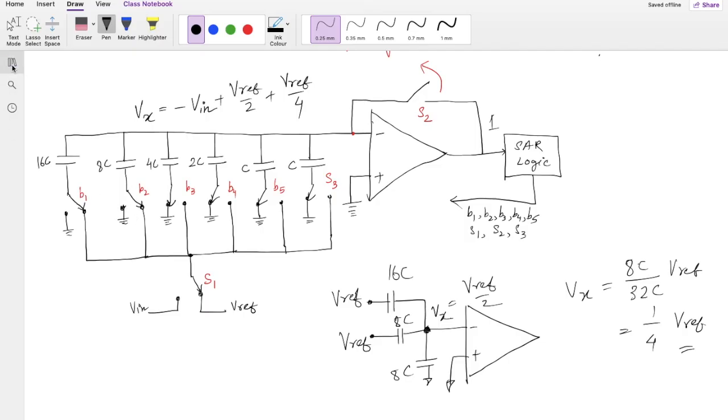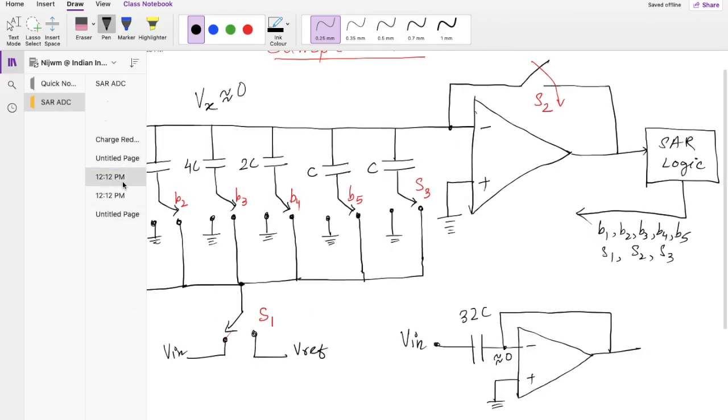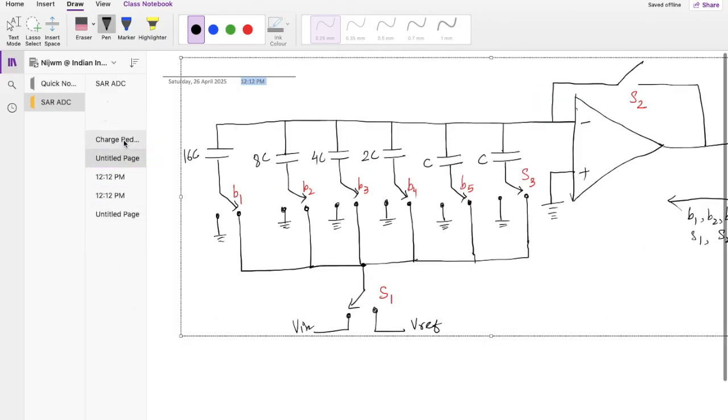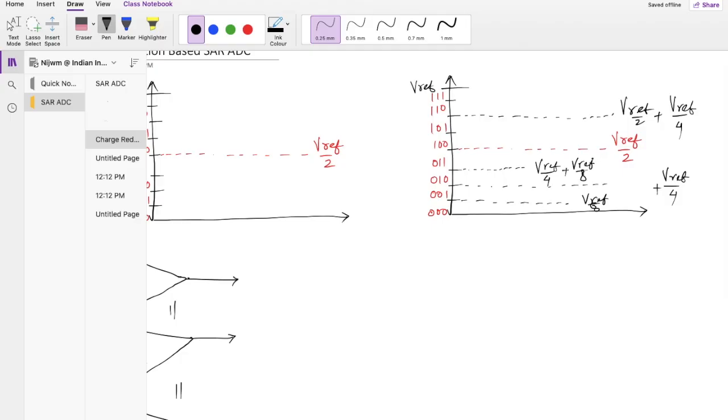The reason is simple, that's what we mentioned in the beginning of the charge redistribution discussion. If it is higher, the next comparison is with Vref by 2 and Vref by 4, whereas if the MSB is lower, we do the next comparison only with the Vref by 4.